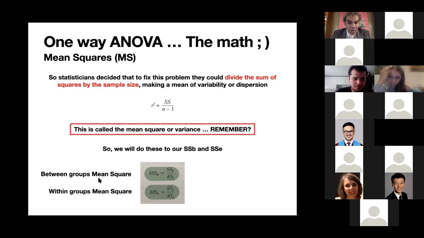Between groups, we will get our between groups mean square, which is nothing more than the between groups sum of squares divided by the degrees of freedom of our between groups. And to get the within groups mean square, we divide the within group sum of squares by the degrees of freedom of the within groups. How do I get these degrees of freedom? Very easy.